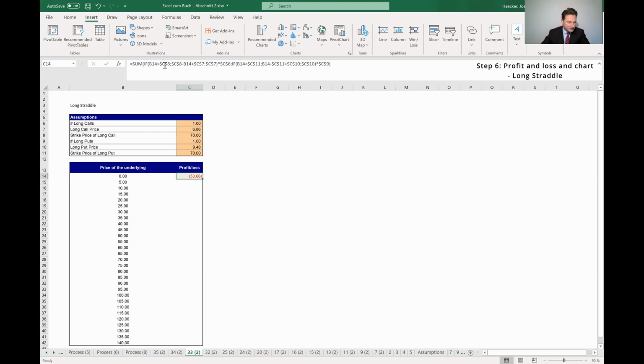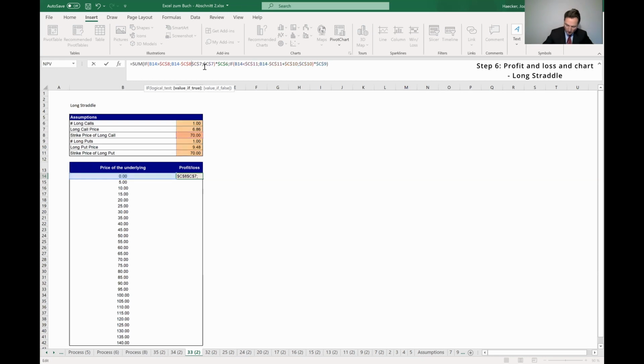And now we have just to change some issues, like if the share price exceeds the strike, then we are long, then it is the share price. And take away the minus. It's the share price minus the strike price.